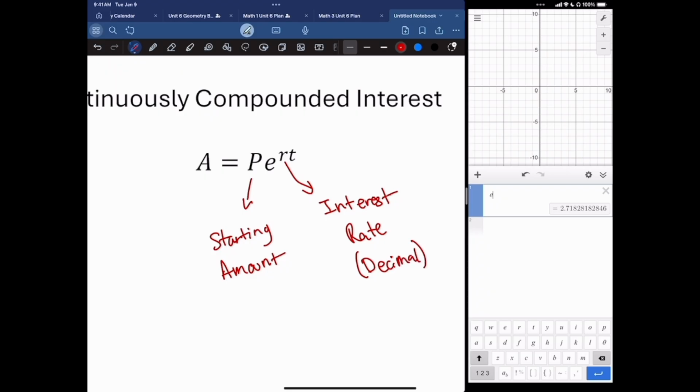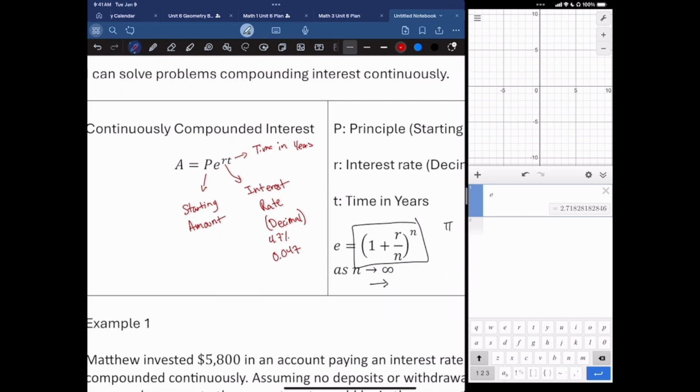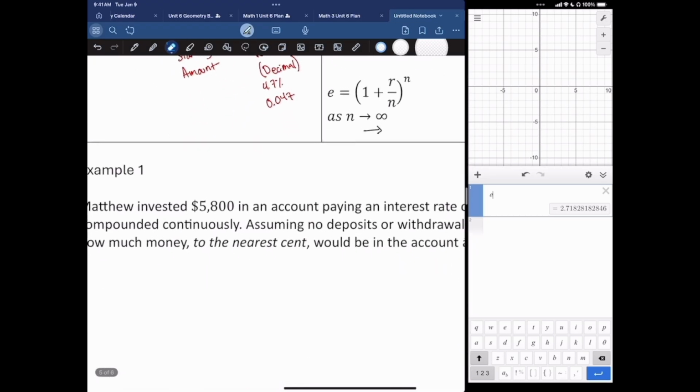If it says 4.7%, we're not going to write that. We're going to write 0.047. And then T is, of course, our time in years. All of this is given to you, so you don't have to write that down. Just remember, E is a number. Whenever you see the words compounding continuously, use this formula. Let's jump right into it.